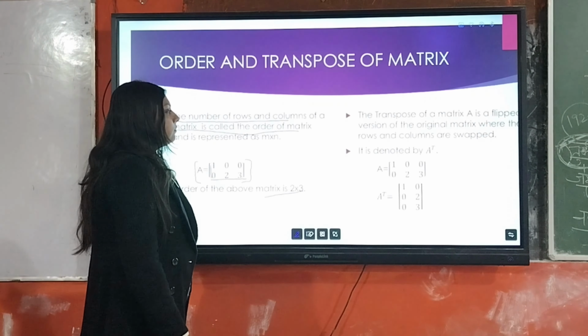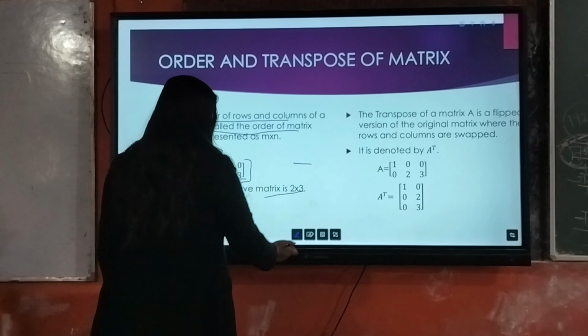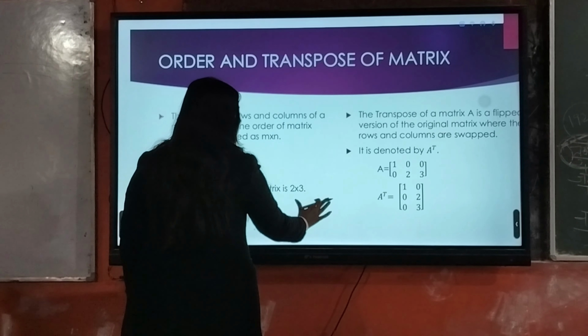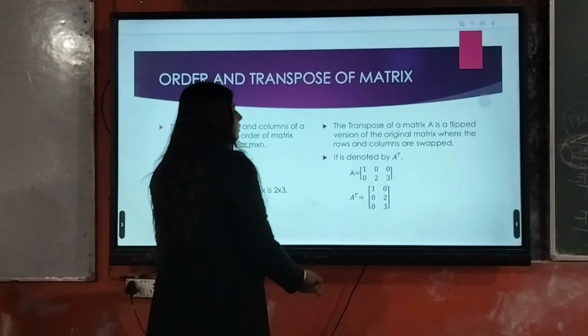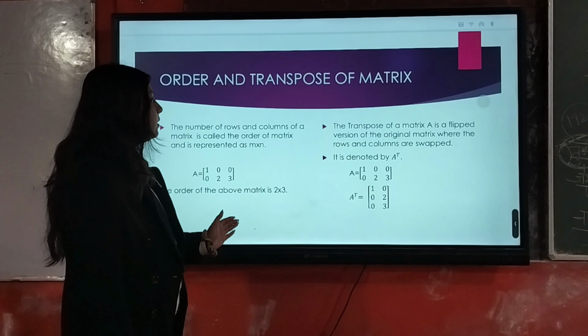Now, the second definition we are moving forward with is the transpose of a matrix. The transpose of a matrix is a flipped version of the original matrix where the rows and columns are swapped.